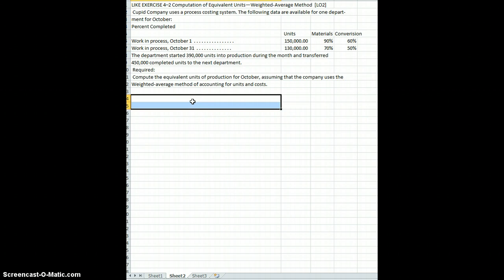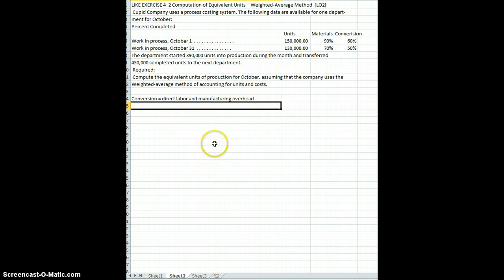So I'll put that here, conversion. The term means direct labor and manufacturing overhead, and you may remember that from our Chapter 2 terminology.